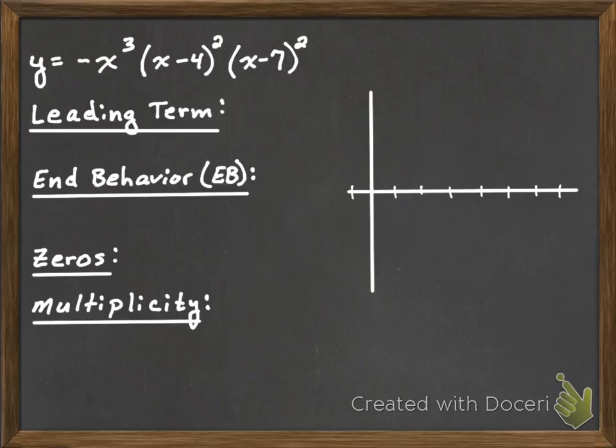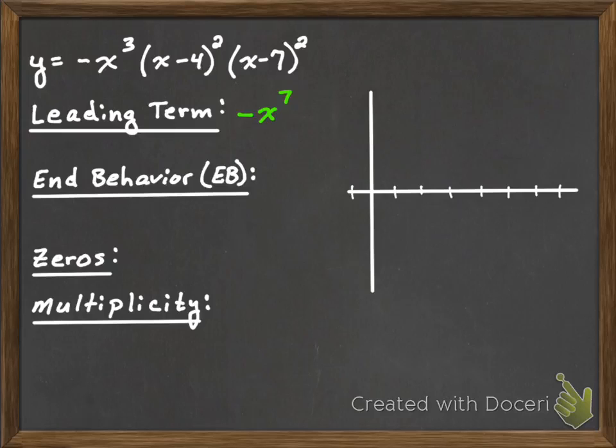All right, another example here. Leading term, you have a negative x to the third power times an x to the second power times another x to the second power. It's going to give you a total of negative x to the 7th power.